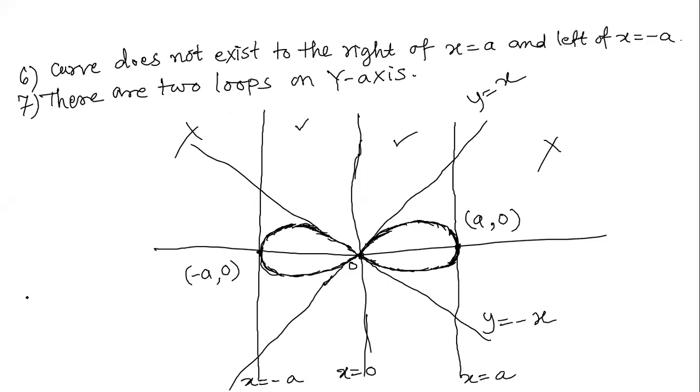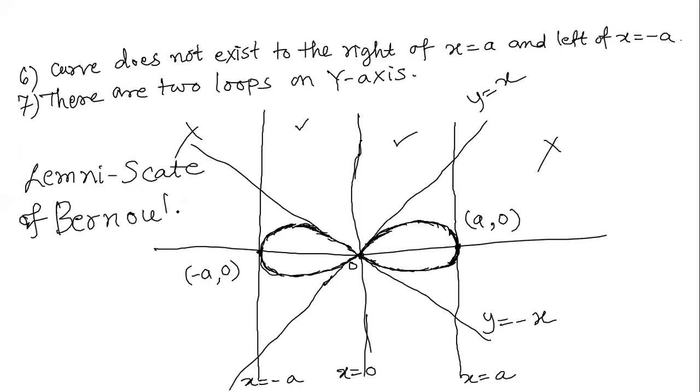Okay, and the name of this is a very special curve, and the name of this is Lemniscate of Bernoulli. So this is looking like our infinity, but Lemniscate of Bernoulli. So I think we'll stop here.